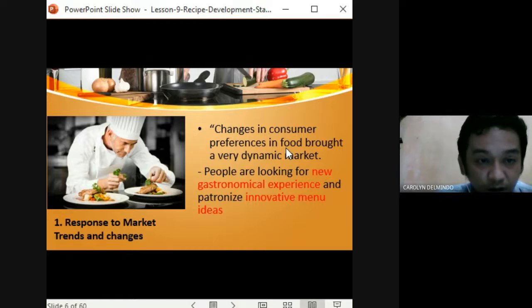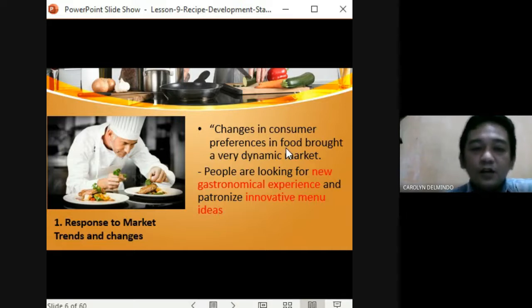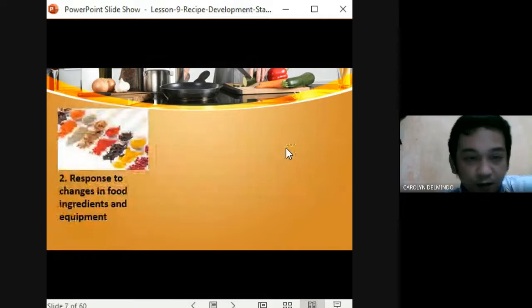So from response to market trends and changes, whatever is patok, whatever sells to customers, to people, that is what we will sell. So, we need to develop certain recipes for that. Example for a restaurant. Okay?